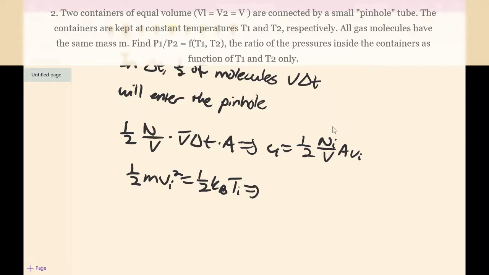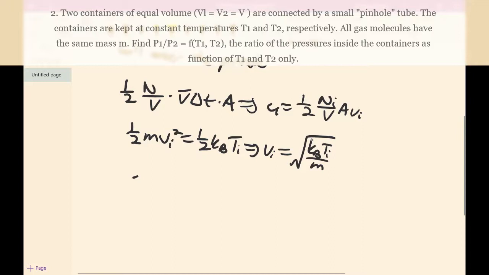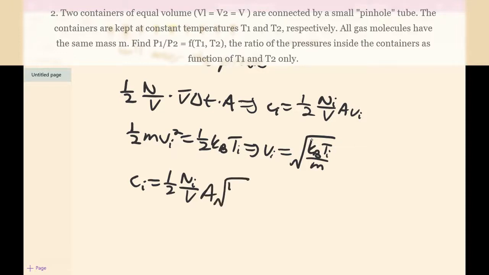So this means that vi is equal to the square root of kB Ti over m. Going back to our C, we have Ci is equal to 1/2 times Ni over V times A, times this vi, which is the square root of kB Ti over m.